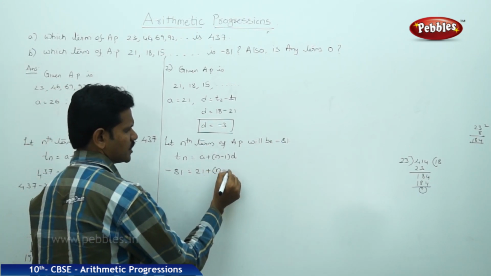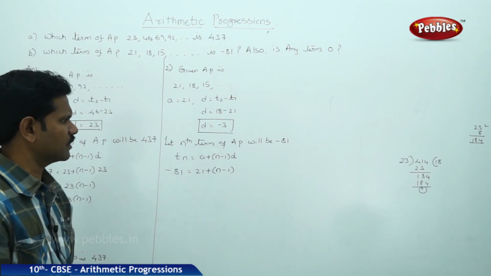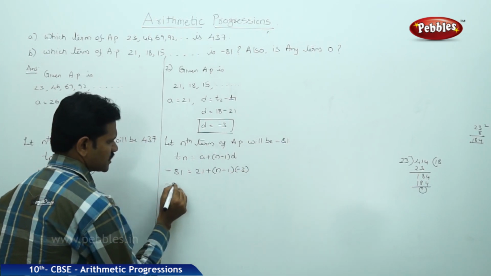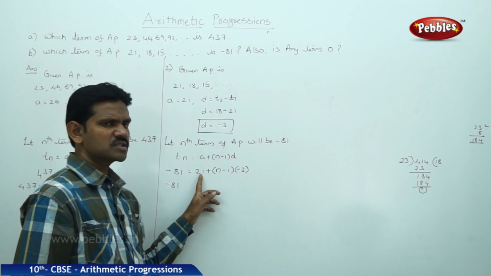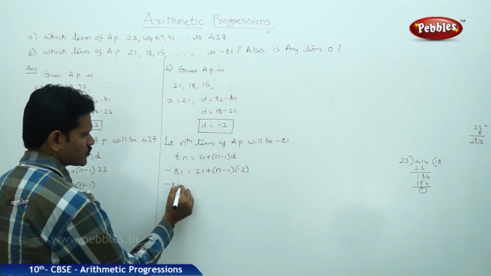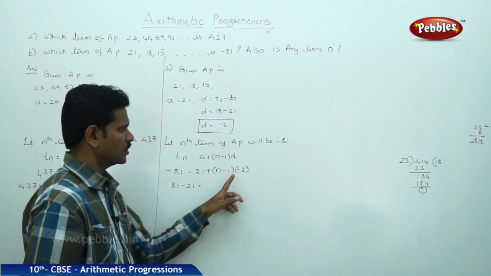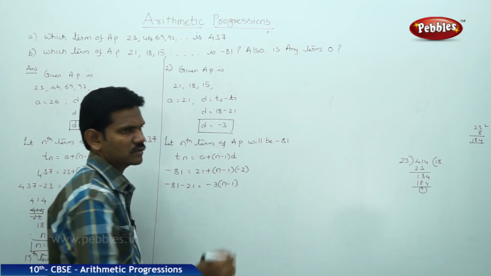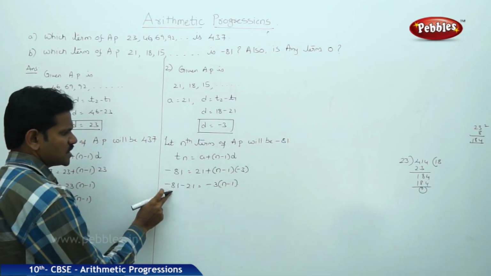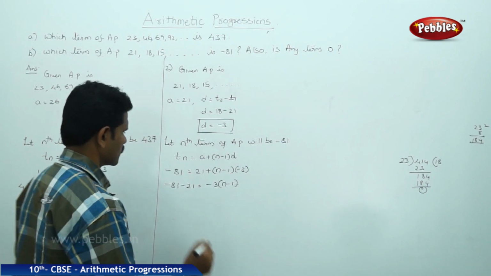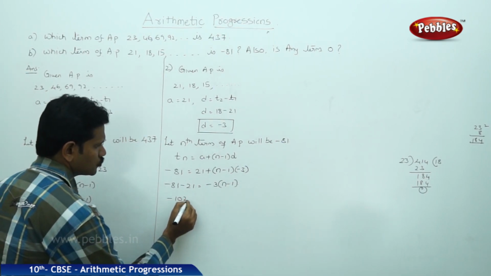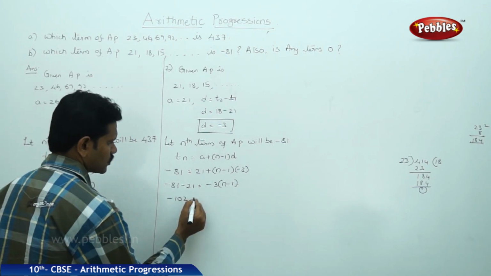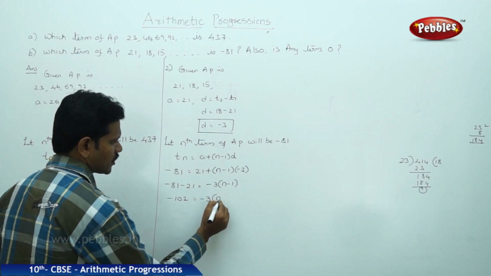n value I don't know, we have to find out the value of n here, into common difference D is equal to minus 3. Minus 81, this plus 21, bring to the other side, that is minus 21, is equal to minus 3 times n minus 1. That is minus 81 minus 21, that is minus 102, because the same signs mean addition, equal to minus 3 times n minus 1.